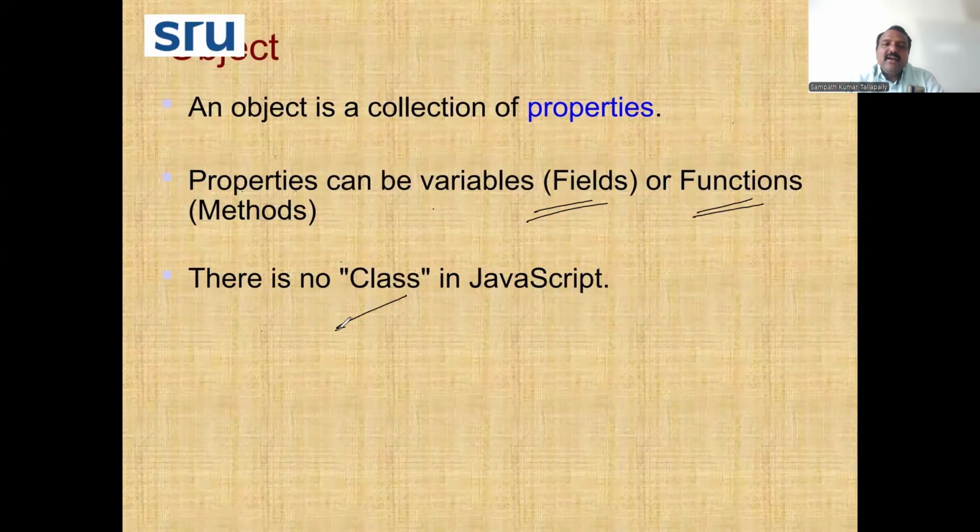Unfortunately, we don't have any keyword called class in JavaScript. It means we can create an object directly in JavaScript. That's the flexibility we have in JavaScript.